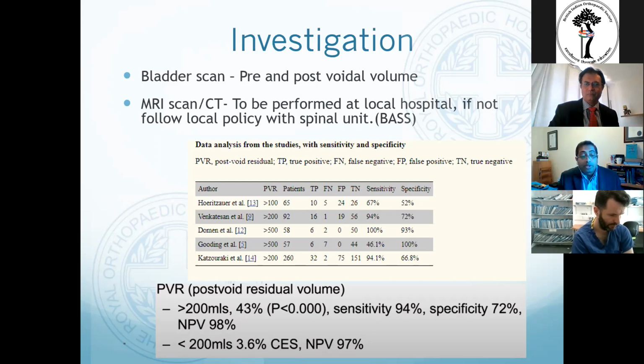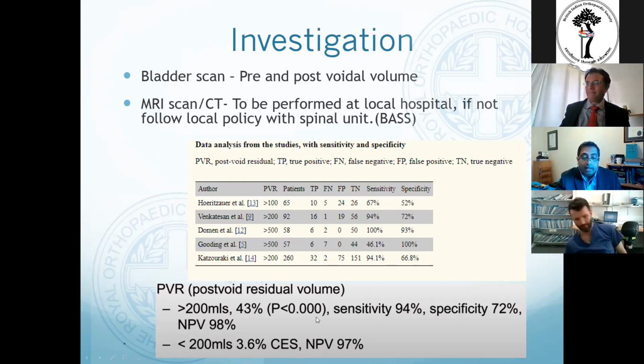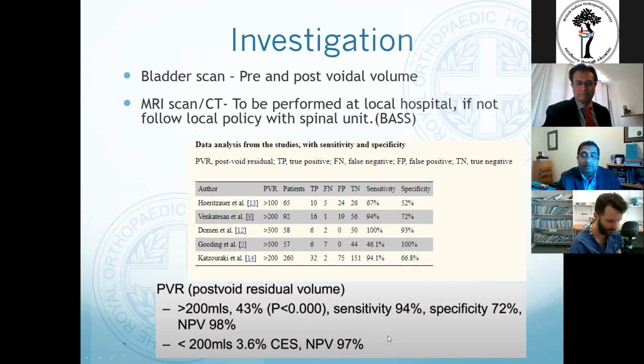A paper from Nottingham by Mike Trevitt and colleagues made the cutoff point of 200 ml. If the patient has a PVR of less than 200 ml, the negative predictive value is almost 97%, so there is a very small chance of those patients having cauda equina syndrome. But we also remember that the bladder scan is very much an operator dependent tool, so be aware of that.